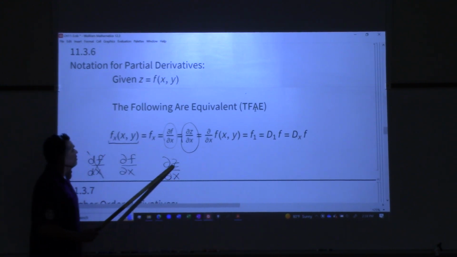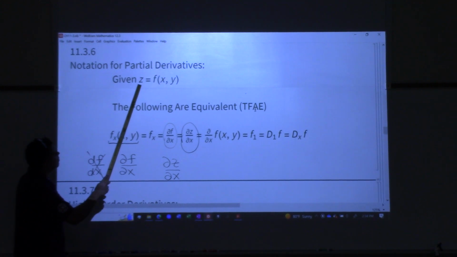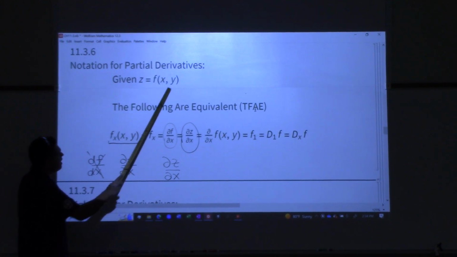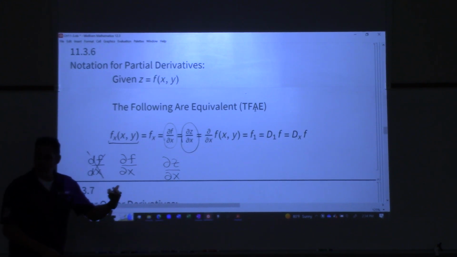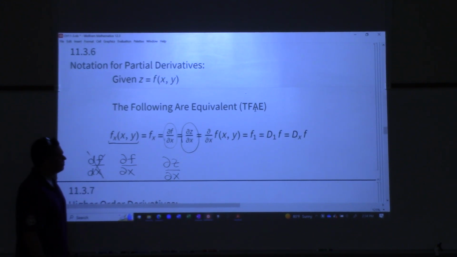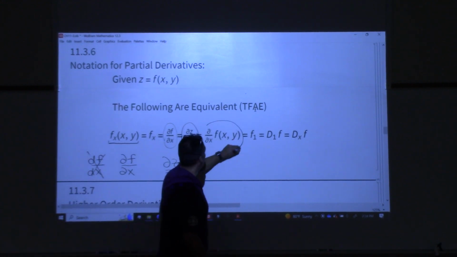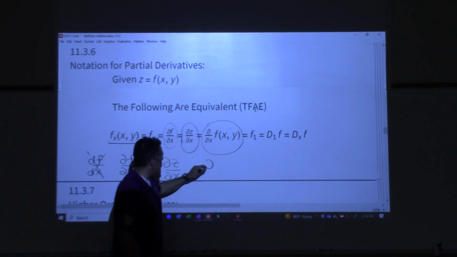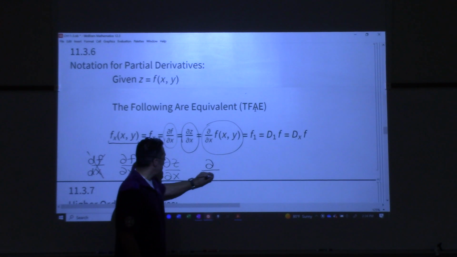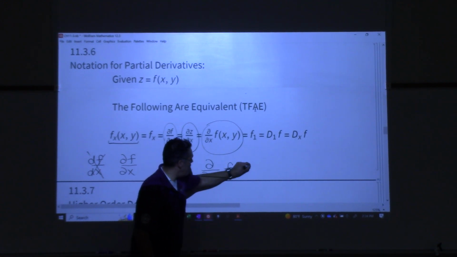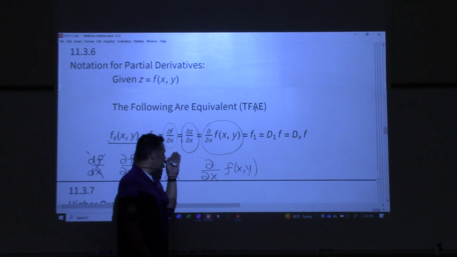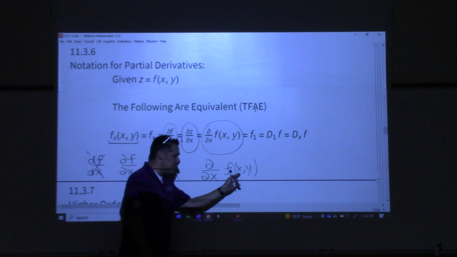This is saying, again, you're looking at this equation, which is a function of two variables, x and y, and you're going to differentiate treating x like the variable, and it is implied then that y is the constant. Then you have this notation, which means we're going to take the partial derivative, we're going to treat x like the variable, and then this is what we're taking the partial derivative of, f of x, y. So this says we're about to do this operation of taking a partial derivative, treating x like our variable, and that's what we're taking derivative of.